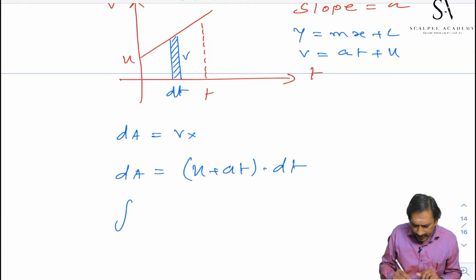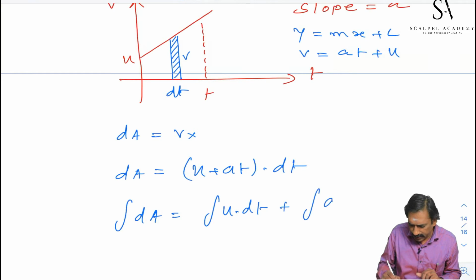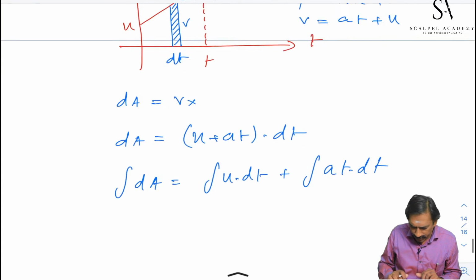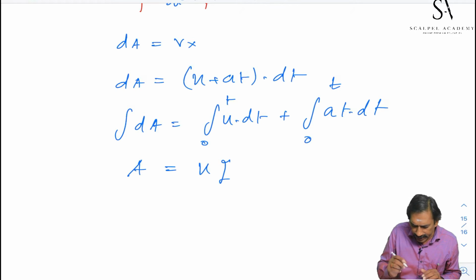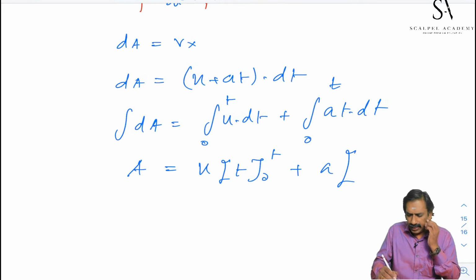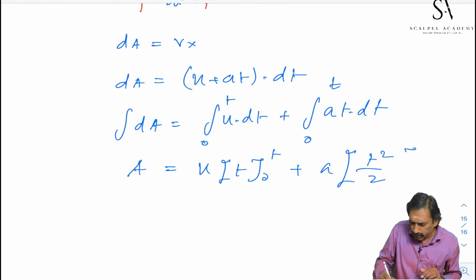So, let us integrate. Integral dA is equal to integral u dot dt plus integral a dot dt. So, area in the interval 0 to t second we are calculating. Therefore, u into integral dt is t, 0 to t, plus a into integral t dot dt, t square by 2.